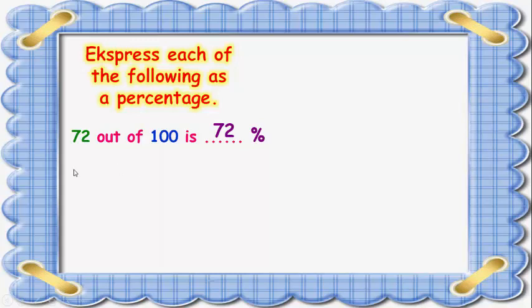Ingat, jika ada kata out of 100, itu artinya per 100. Artinya 72 per 100. 72 per 100 sama dengan 72%.